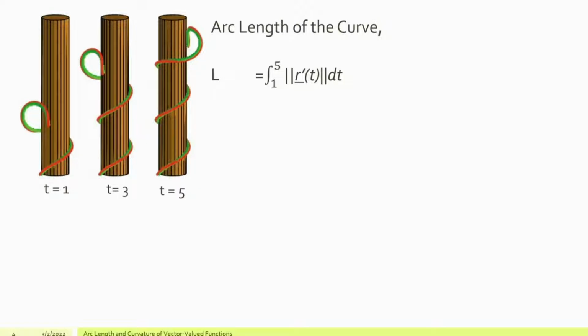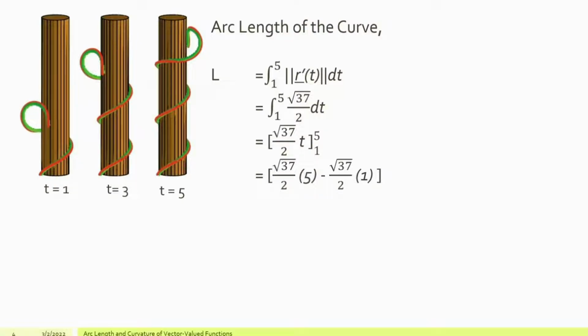So you just need to plug the value of the magnitude of r prime t into the arc length equation. We get the integration of square root of 37 over 2 dt from t equals 1 to t equals 5. After integration, it equals square root of 37 over 2 times t from t equals 1 to t equals 5.